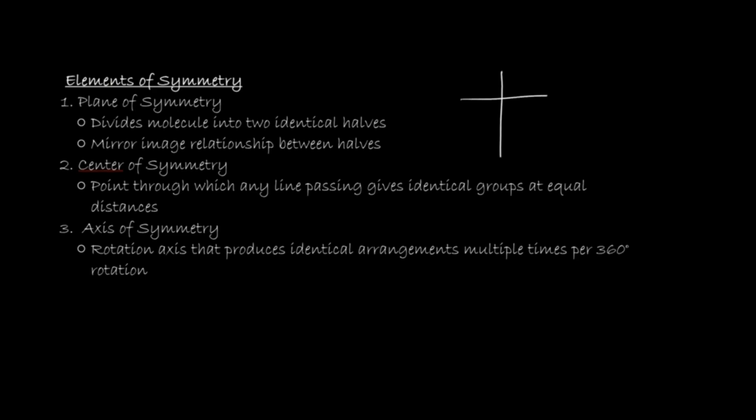Plane of symmetry is very simple. Let's say I'm taking a molecule which has two stereogenic centers, and I have these H. So from here, these two are mirror images of each other, isn't it?